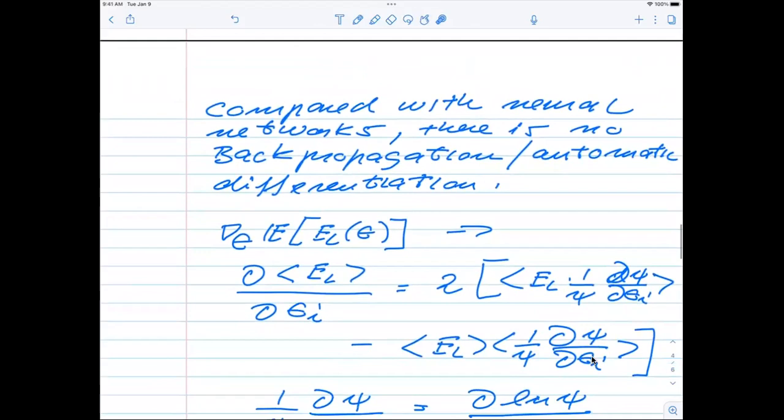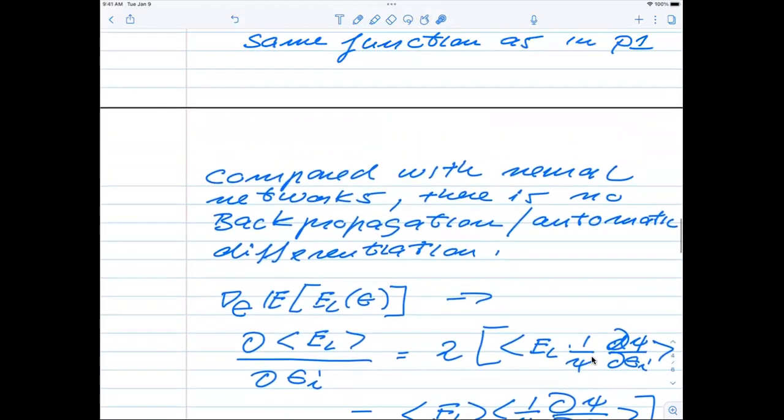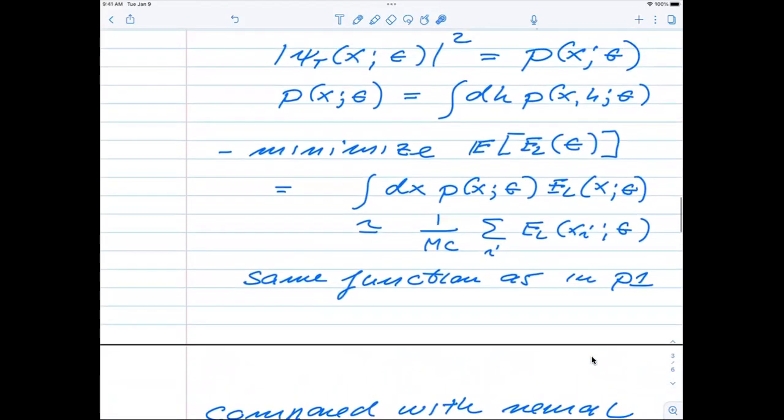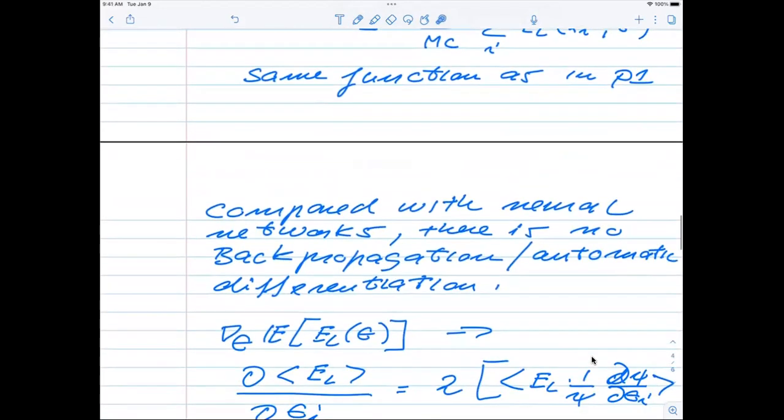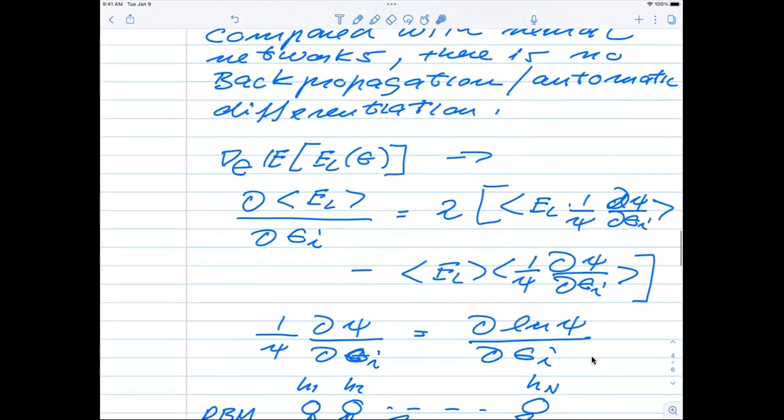This is in contrast to what we are going to do, where we start with a probability distribution. This means that we have this probability distribution here, which is given by a Boltzmann machine. But what we optimize and what we define as our cost function is the expectation value of the energy. And that's the quantity we optimize.